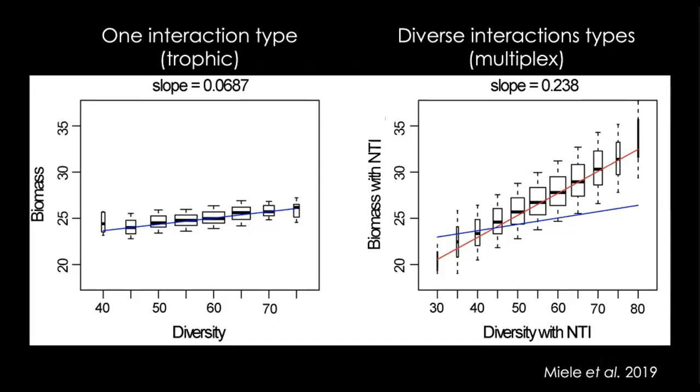In this particular case, because we were going to plot biomass as a function of species diversity, it seemed one option to put all the interaction types on a similar scale based on the effect on diversity. But of course, we could have decided something else, right? No, but it sounds like a reasonable approach.